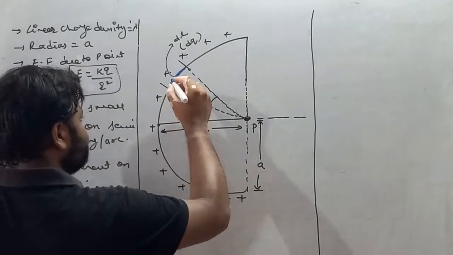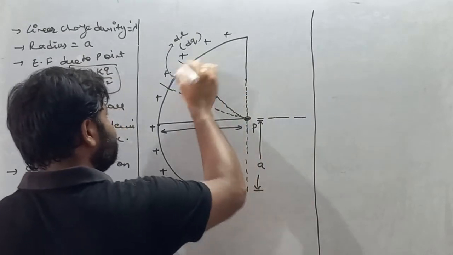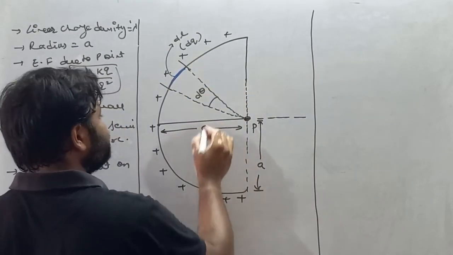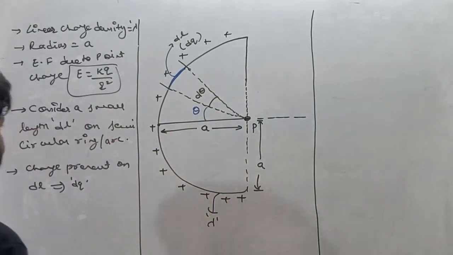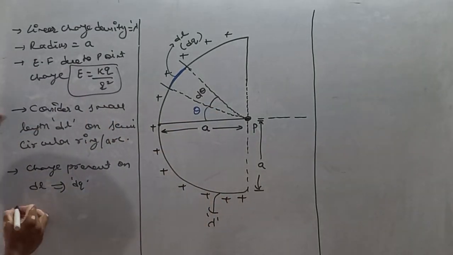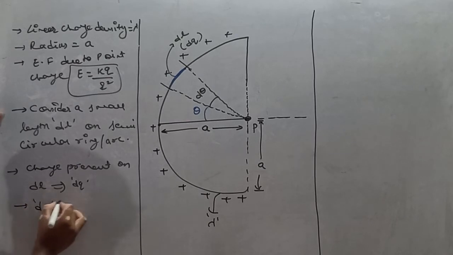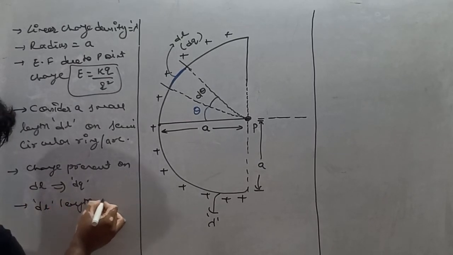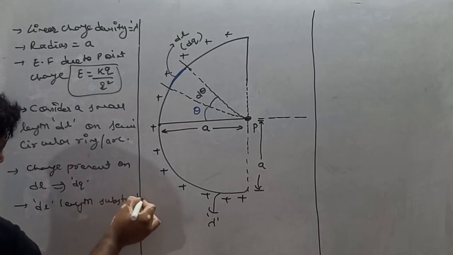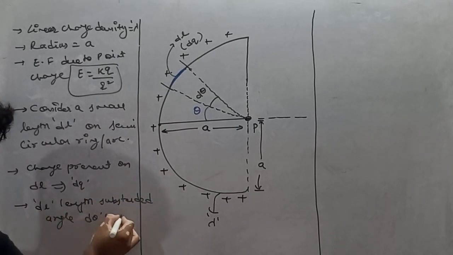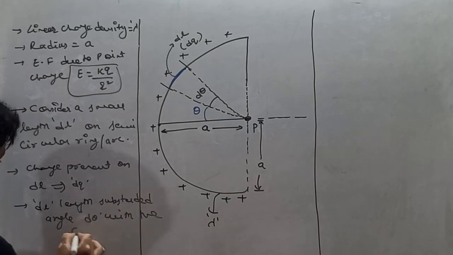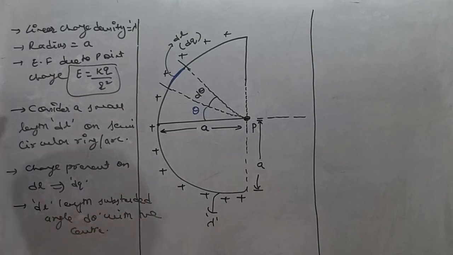Now see, my dear student, this dl is subtending some angle d theta. Let this angle be theta as well. So I'll write here: the dl length subtended angle d theta with the center.